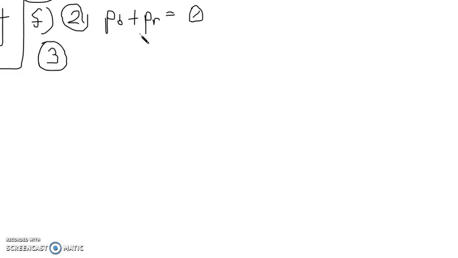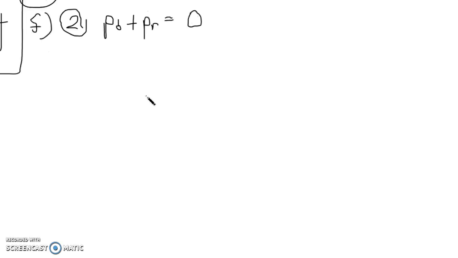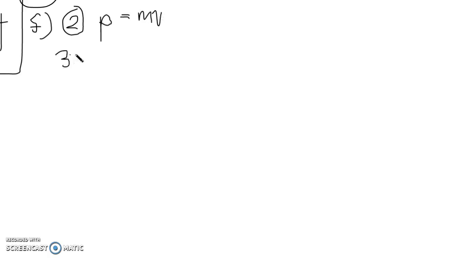Actually, what we could do is just use P equals MV for the rifle. The momentum of the rifle is negative 66 kilogram meters per second, and its mass is 2.44 kilograms. That's how we find the velocity.